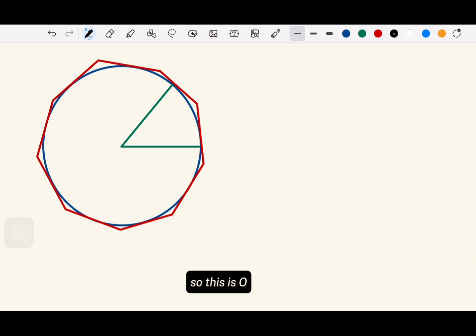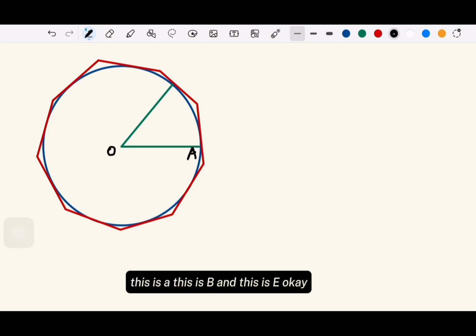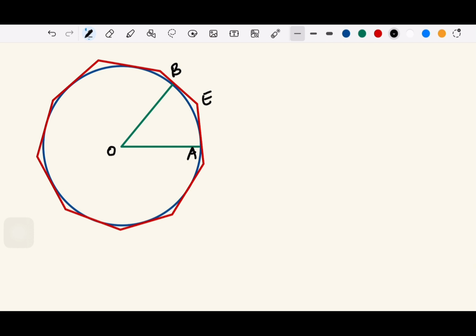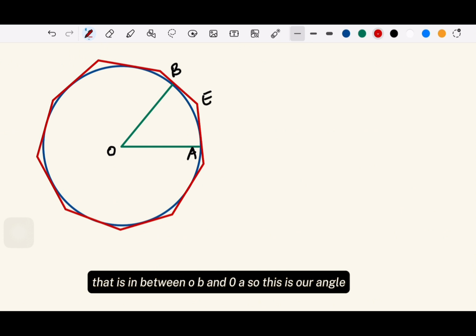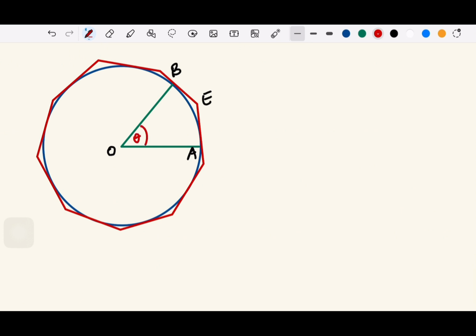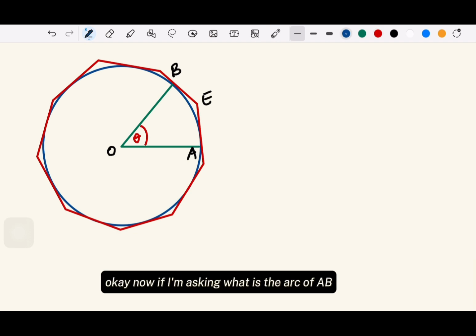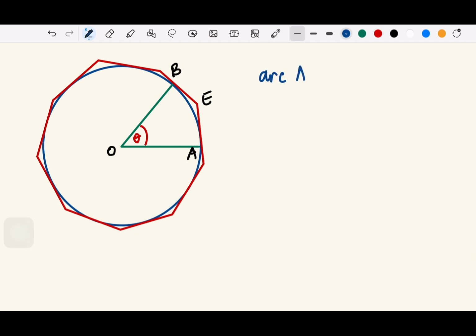Okay, that's okay. So this is O, this is A, this is B, and this is E. And then we have an angle that is in between OB and OA. So this is our angle. Okay, now if I'm asking what is the arc of AB?